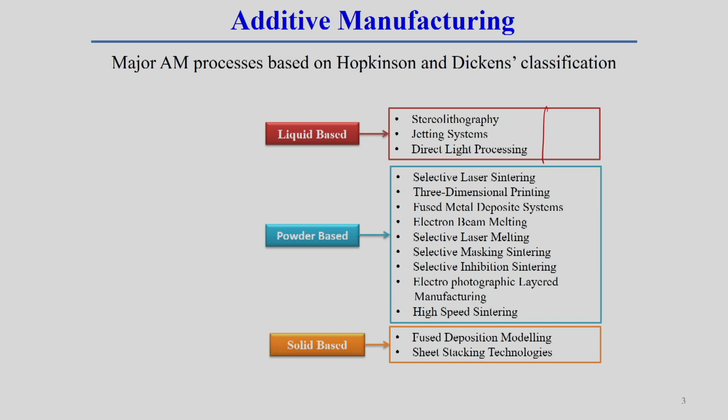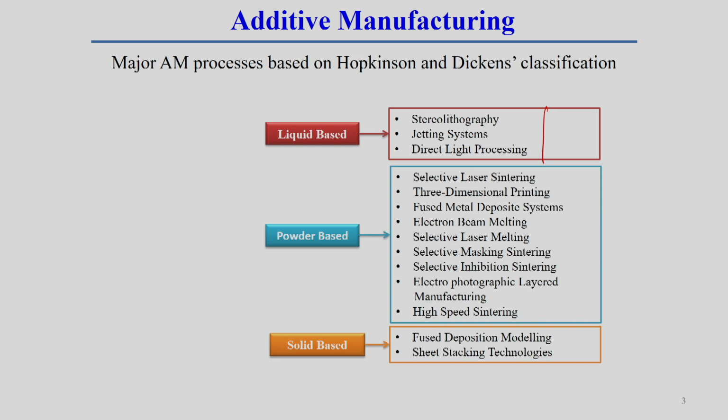In these cases, we use some kind of liquid based material. Similarly for jetting systems and direct light processing, all this technology depends on a base material in the form of a liquid. Similarly, powder based additive manufacturing technologies have also been developed, where we use the raw material in the form of a powder.